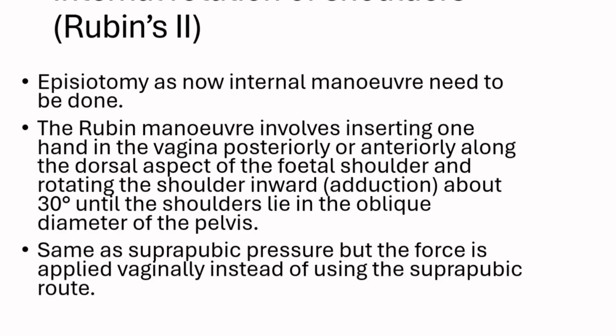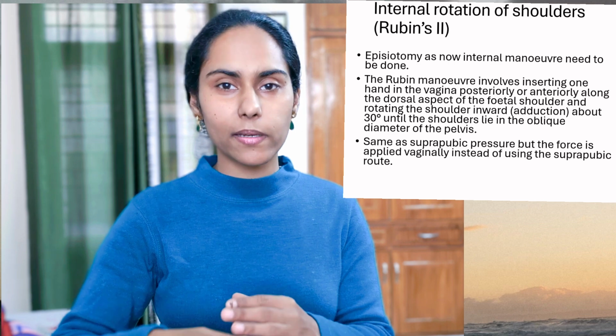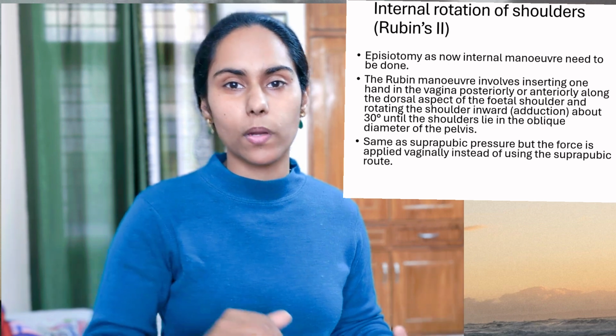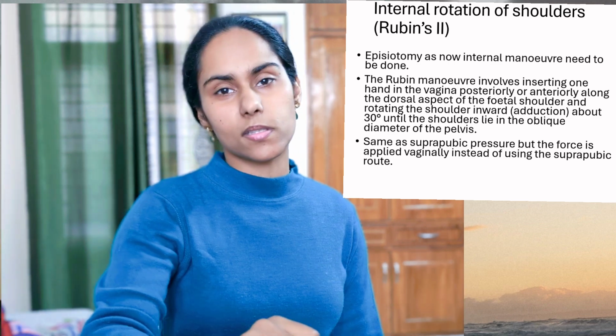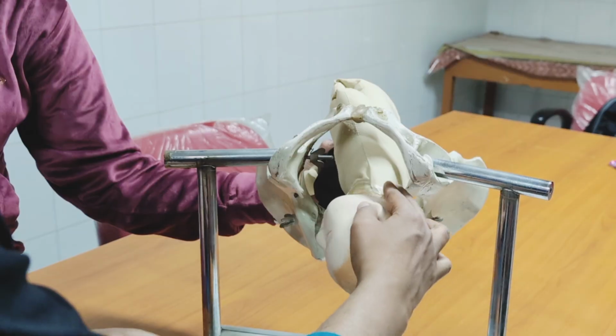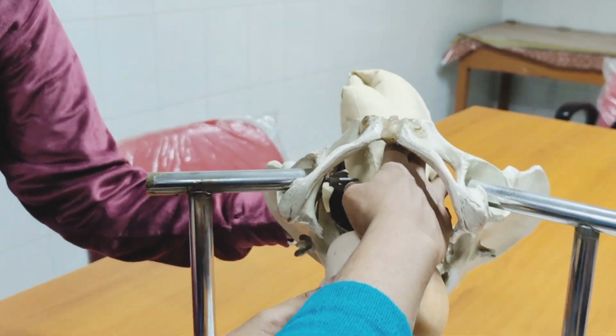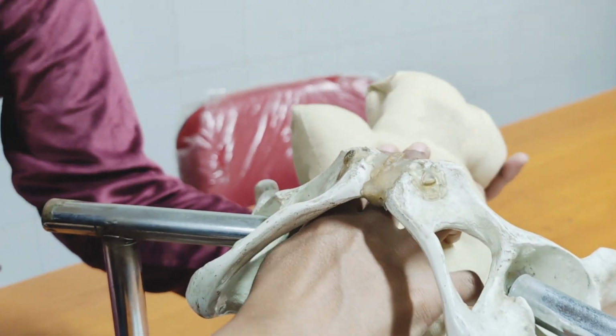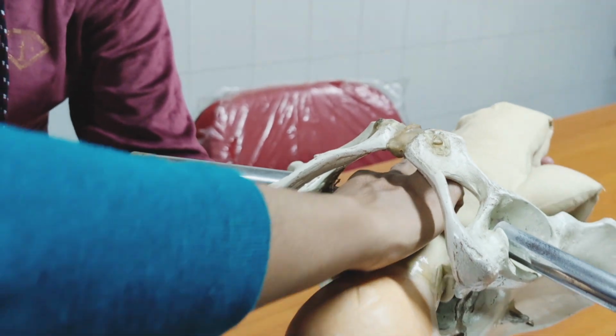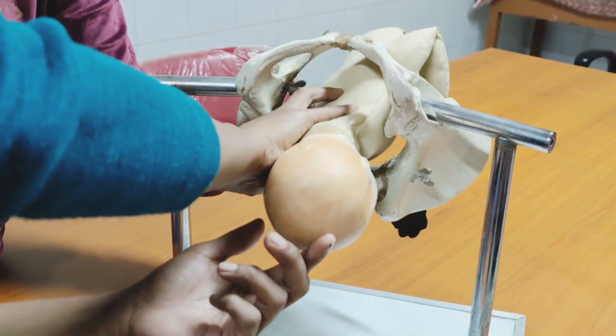So you're basically using the same technique as in the external suprapubic pressure, but there we applied the force externally. Here we are applying the force internally. So you go inside the vagina, find the back of the fetus, go behind the anterior shoulder, and then try to dislodge it or rotate it towards the more oblique diameter.